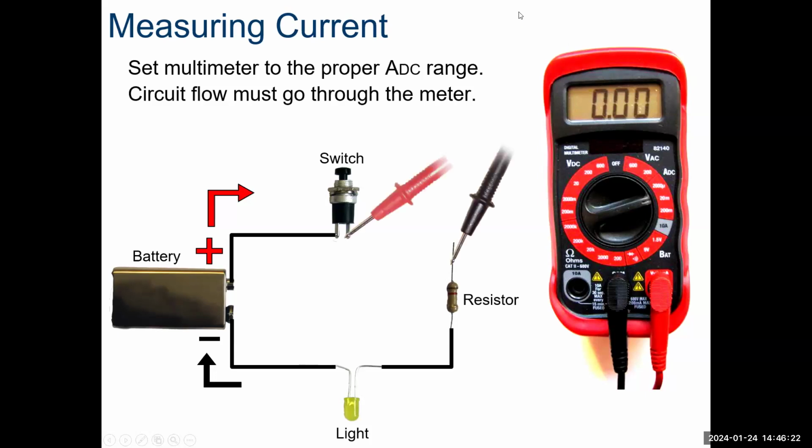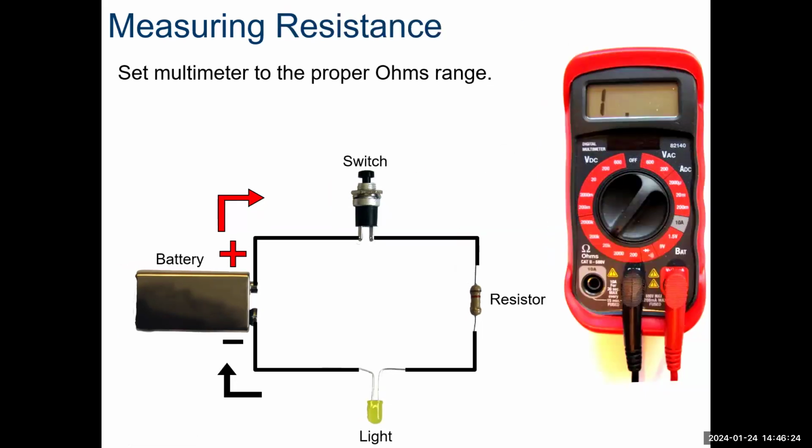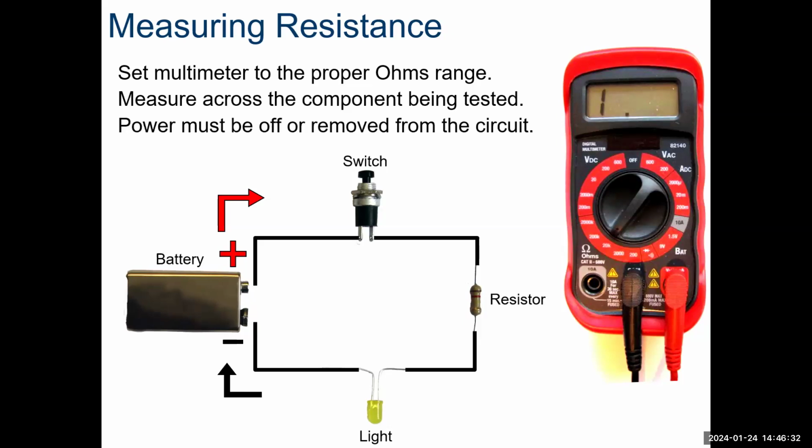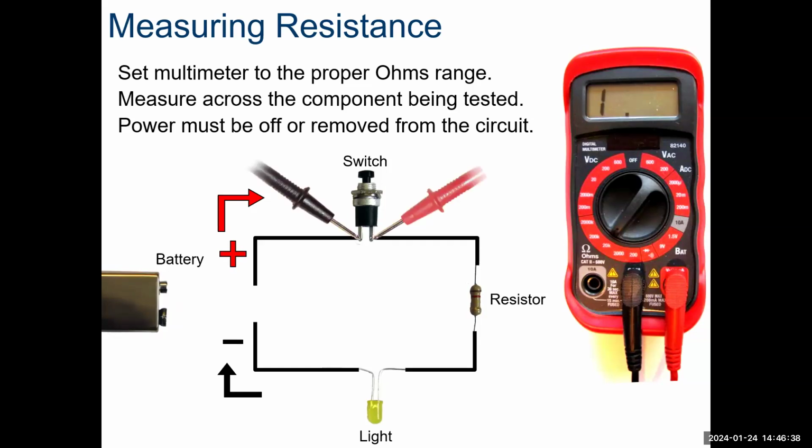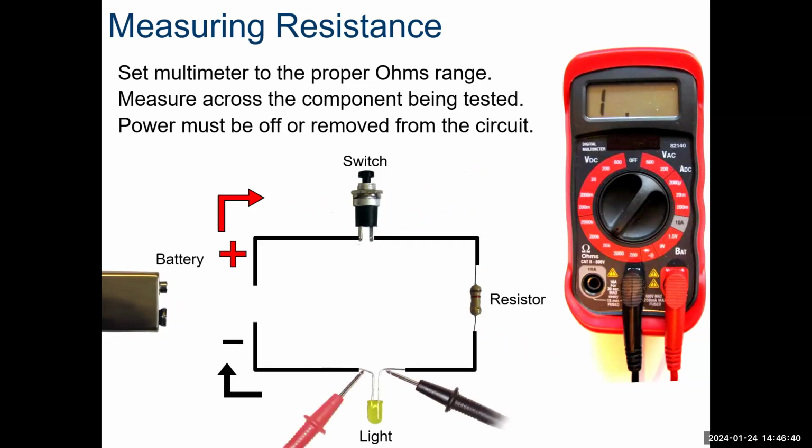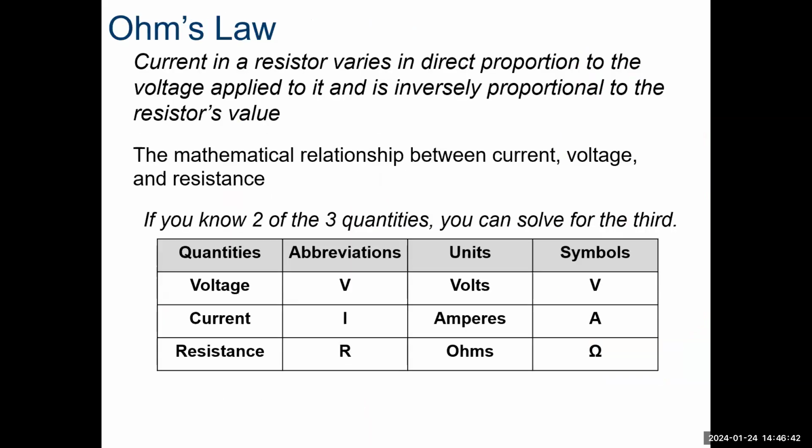You can do it at different spots to see what kind of resistance there is. So it measures across the component being tested. The power must be off or removed from the circuit to measure resistance. Yeah, so we'll do some of that, and you'll get a feel for different objects and different resistances.